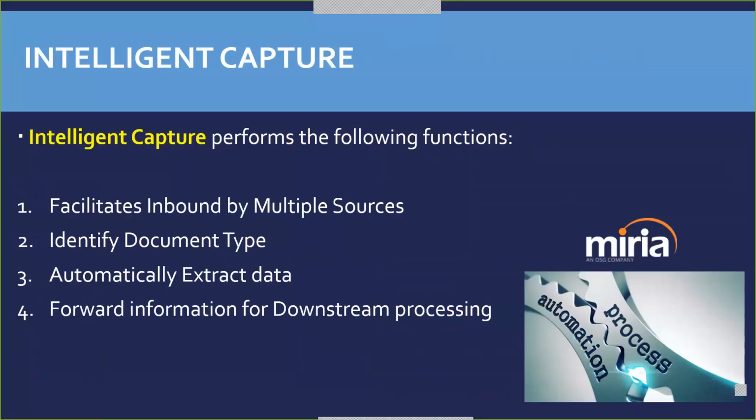And then instead of manually somebody typing the information in, based upon knowing what type of document it is, can I extract the right information from it automatically? In other words, I'm turning what I explained before, which was unstructured content like a paper or a fax, into data that's more structured.